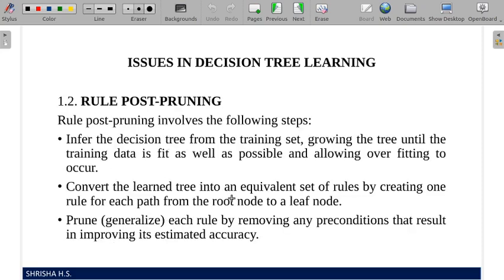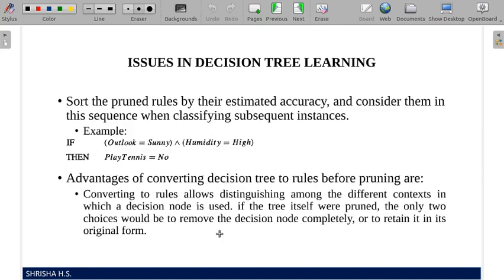So convert the tree into an equivalent set of rules, and then prune each rule by removing any precondition that results in improving its estimated accuracy. Let's go through it again. We have a tree. Outlook equal to sunny and humidity equal to high is no. That's one path.